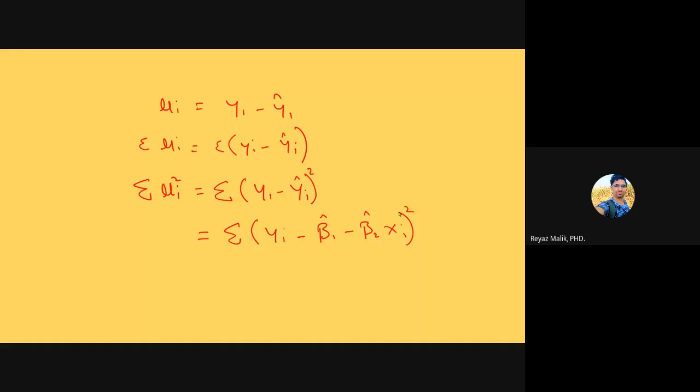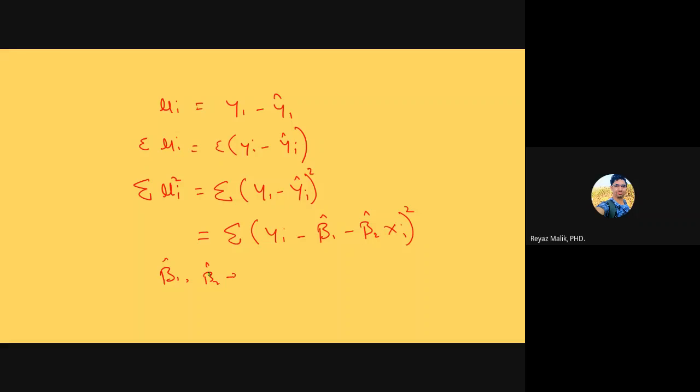Now you say, what is the main property of it? The main property of OLS is that if we use the ordinary least square method, first thing is it will highlight the error. Second thing is, by estimating the parameters beta 1 cap and beta 2 cap, the error in beta 1 and beta 2 will be the minimum.